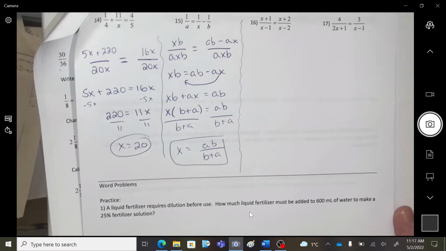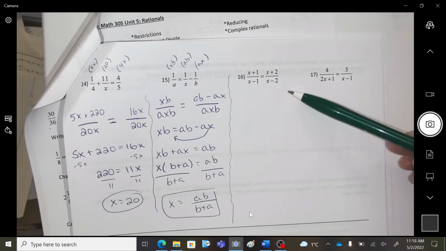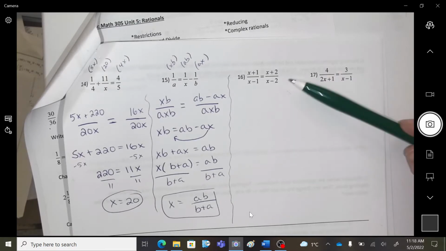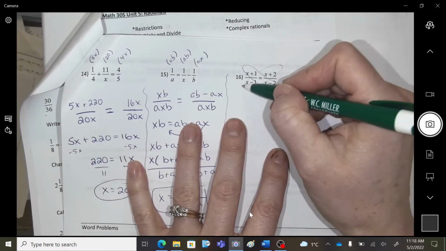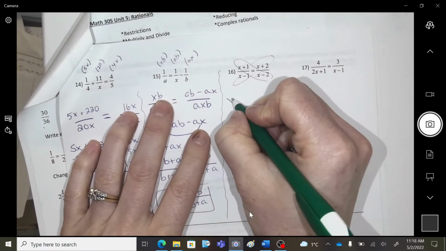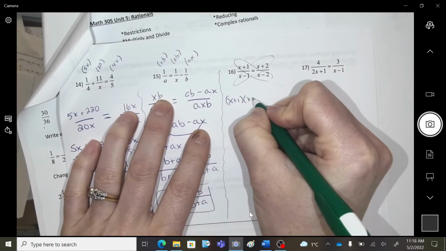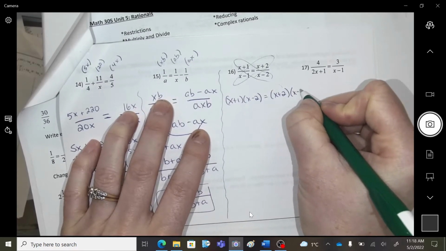Okay, I'll do one more with you. Number 16, can you cross multiply it or not? Yes, this one is cross multiply. Okay, so that times that will equal that times that.